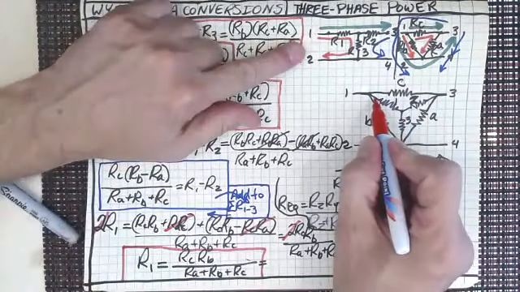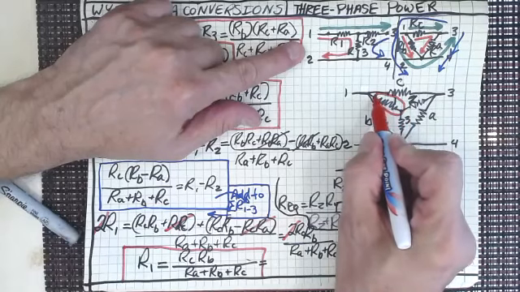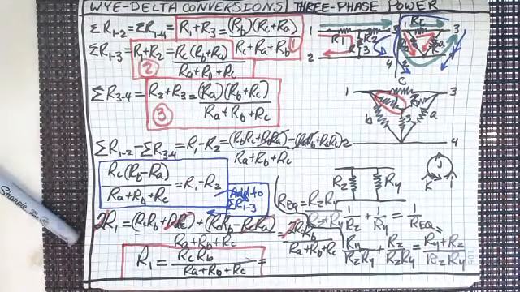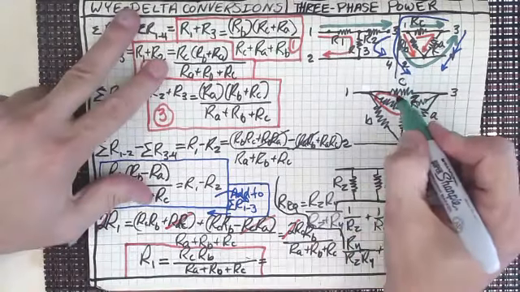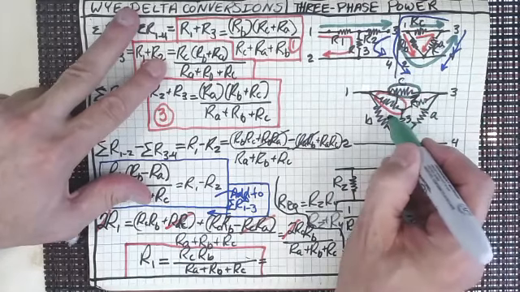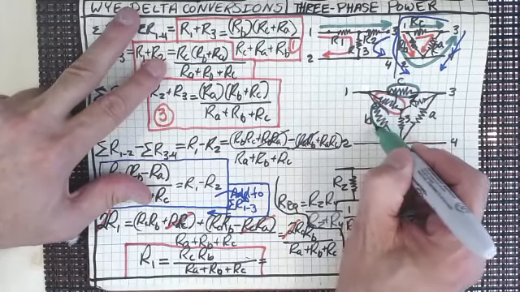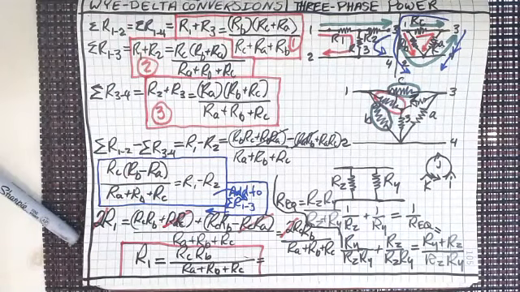R1, we want to find out this resistor, right? So what do we use to find it out? R1 equals R sub C times R sub B. You see the trend I'm drawing here, right? Divided by the sum of all of those.